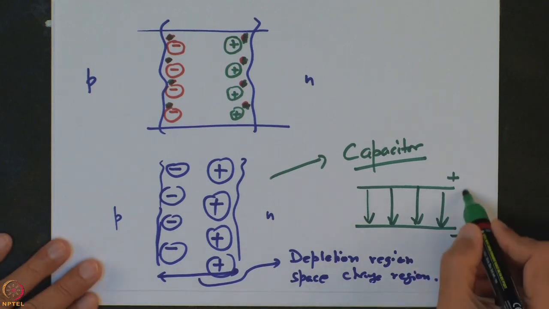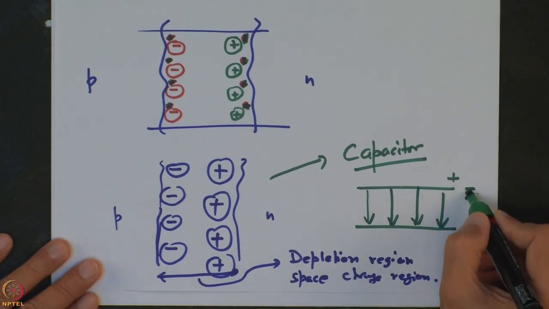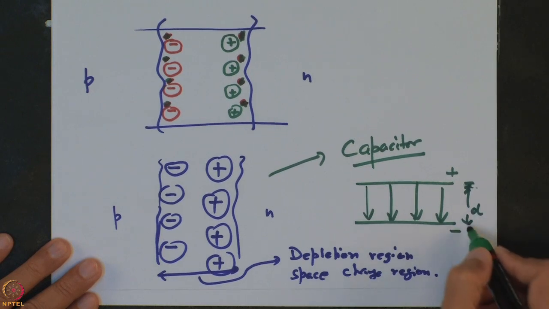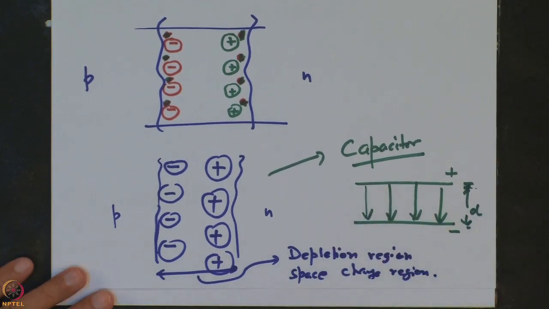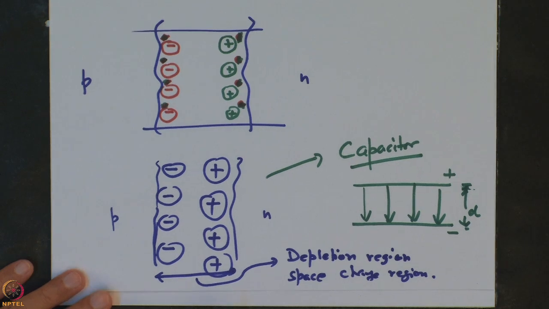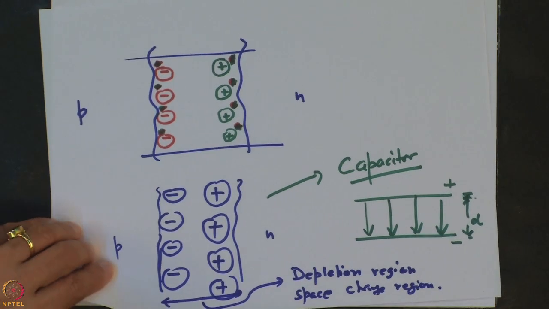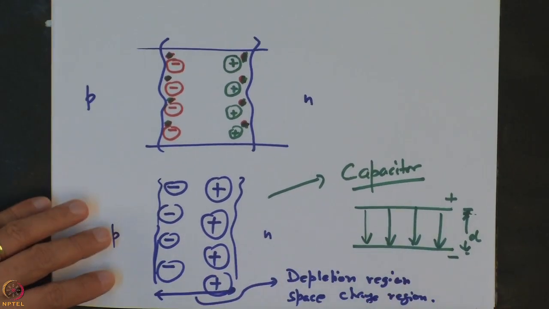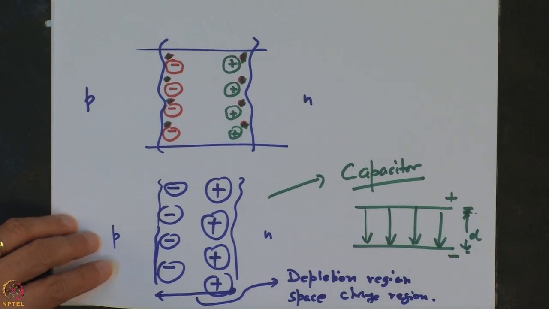Depending on this distance, it will have a potential between these two plates. So, this is what has happened because of this diffusion current which has flown in terms of holes and electrons. Formation of a depletion layer which is devoid of charge carriers, which is having an electric field as a result of this electric potential.